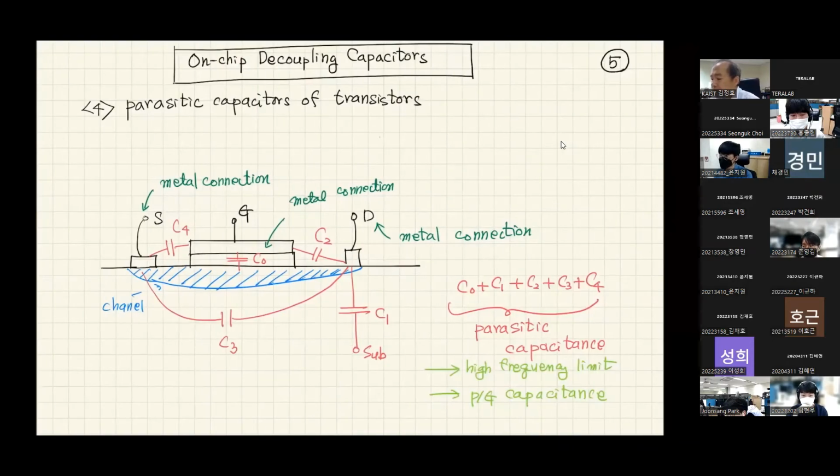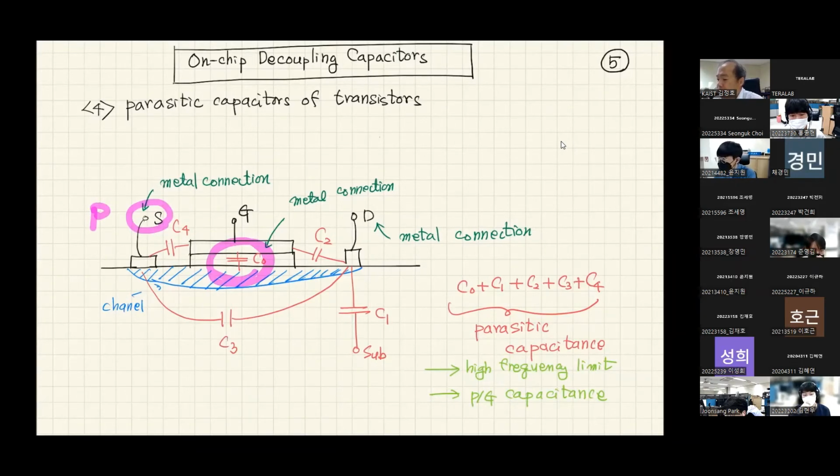But now, I would like to move on a little bit further. So far, I was talking about this gate capacitance that is quite intentional. But let's assume that you are connecting power to this source.